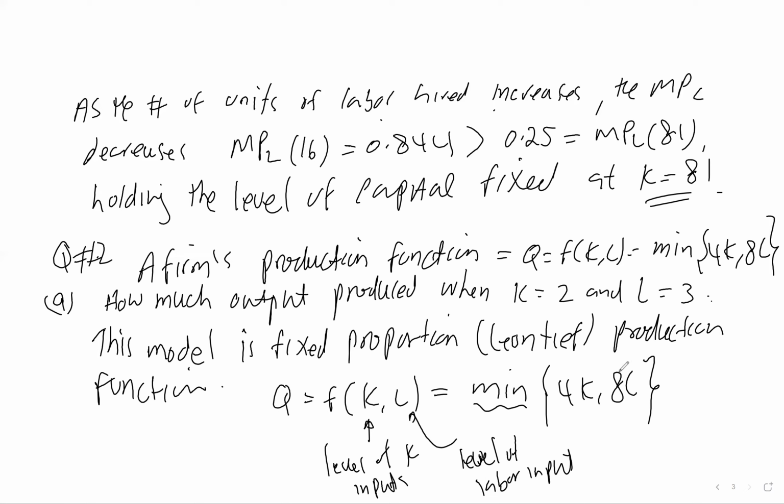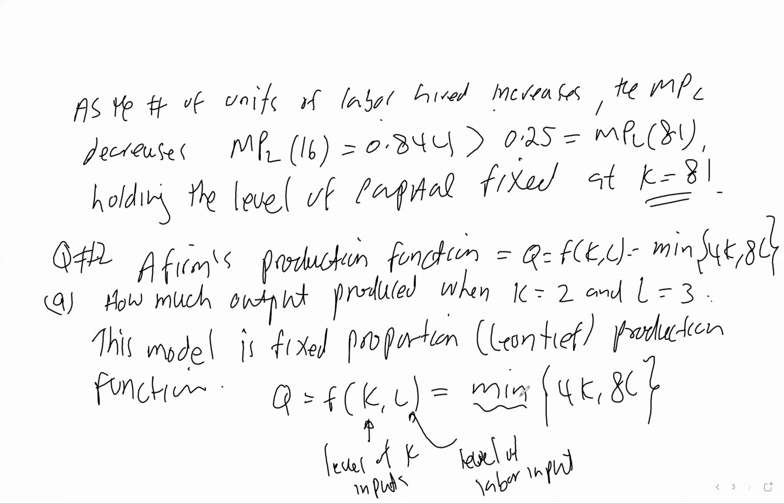So here, this 4K and 8L means that we need 8 units of labor for 4 machines, for example, just to simplify it. And this means that if we have too many of either one, either too many of capital or too many of labor, we will not be able to produce as much.